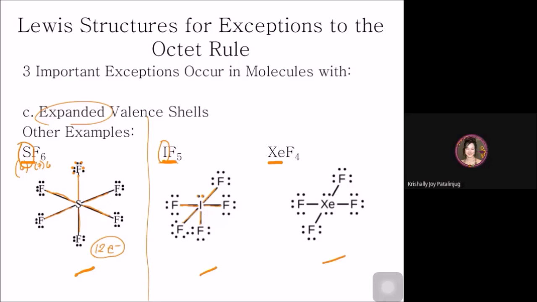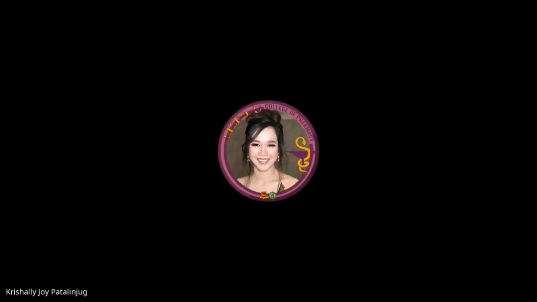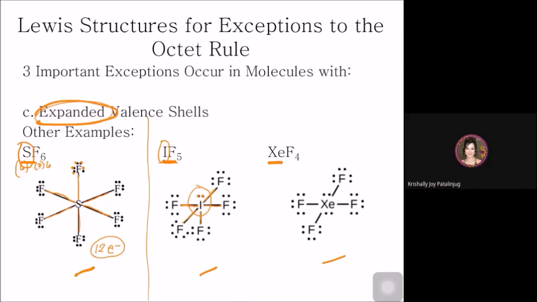Then upon checking, after you write their Lewis structure, pag chinek nyo yung central atom nila, nag-expand yung valence shell most probably nila. Kasi more than 8 yung surrounding electrons nila, di ba? 2, 4, 6, 8, 10, 12 ulit. 12 electrons ulit sa central atom na iodine.